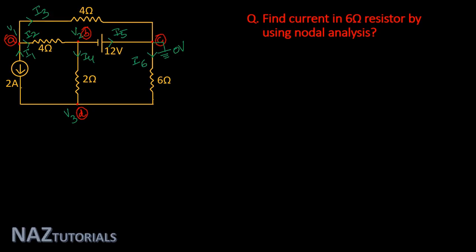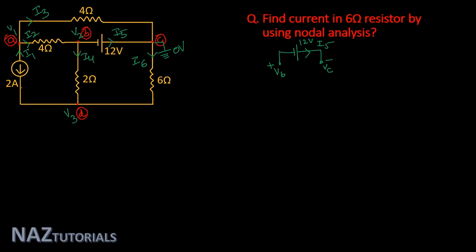So here, if you see this voltage source, 12 volt, assuming branch current is I5, this is VB, this is VC, this is plus, this is minus.